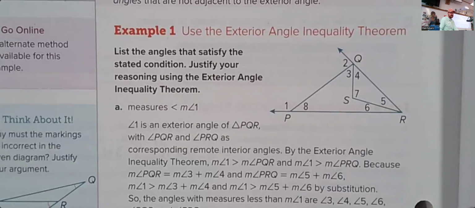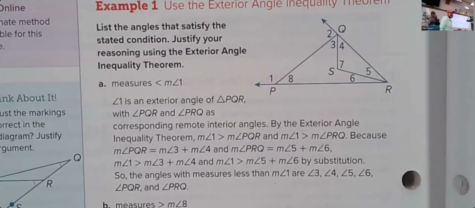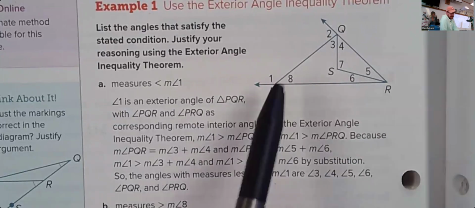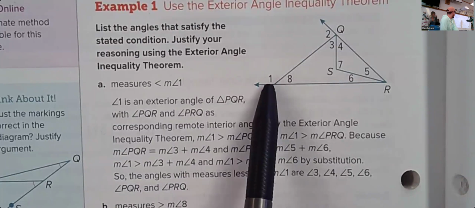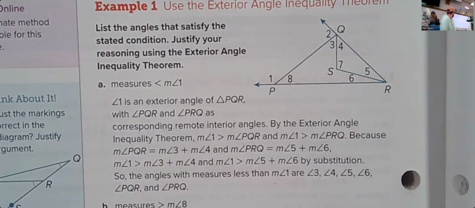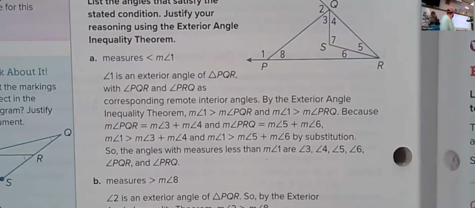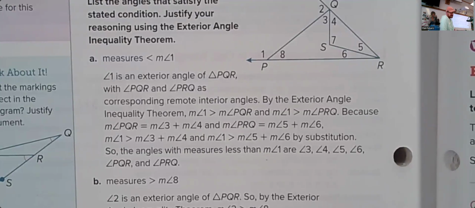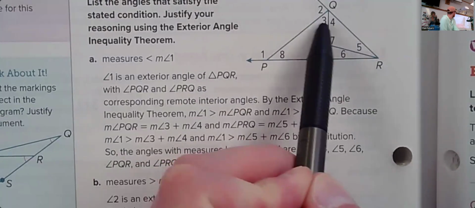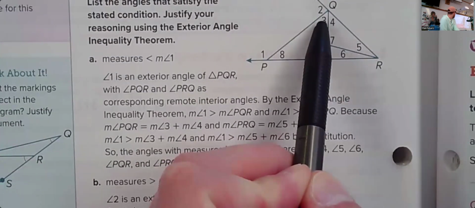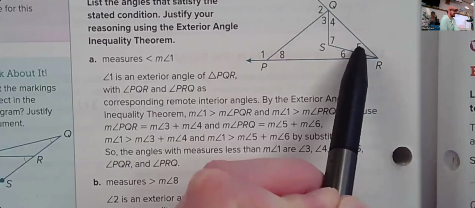So what this is asking you to do is, inside of triangle PQR, what angles have to be less than angle 1, which is an exterior angle. And so what it says is angle 1 is exterior, and the corresponding remote interior angles would be angle PQR, which is the combination of angles 3 and 4, and angle PRQ, which is the combination of angles 5 and 6.